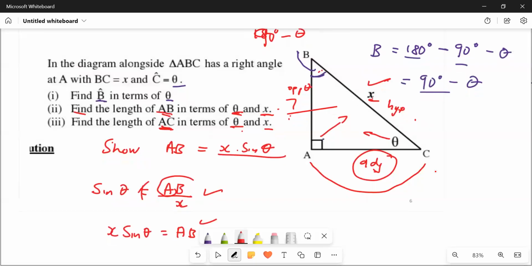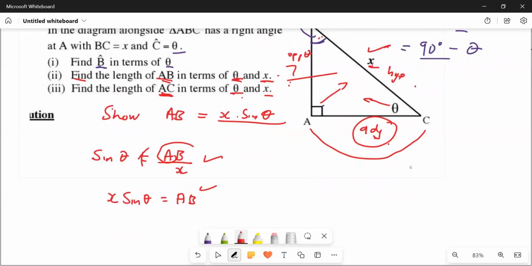Which trig ratio has adjacent and hypotenuse? It's cos again. So I'm going to say the cos of theta is going to be given as adjacent, which is AC, all over x. And then AC is going to be given as x multiplied by the cos of theta.